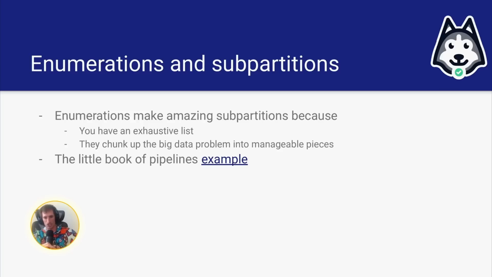That's why enums are so powerful: if you have the exhaustive list of all the possible values for a partition, then you can build a pipeline that covers everything, waits, gets all the possible values, and doesn't miss any data. That's another great thing to remember when you're working with this stuff.